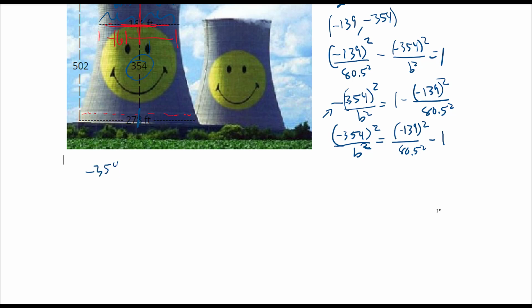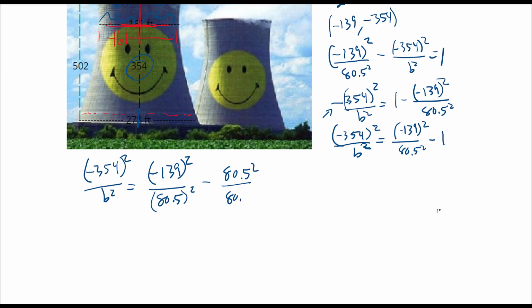Negative 354 squared over b squared equals negative 139 squared over 80.5 squared minus 80.5 squared over 80.5 squared, which is just 1, which allows us to say it's the negative of 139 quantity squared minus 80.5 squared all over 80.5 squared. I did that so I have a fraction equals a fraction and can flip.